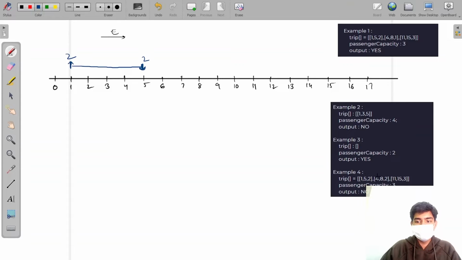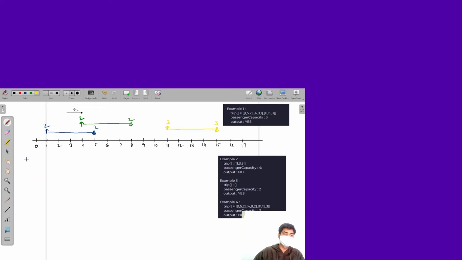Now I pick up two passengers at 4 and drop off two passengers at 8. Now I pick up 3 passengers at 11 and drop off these 3 passengers at 15.